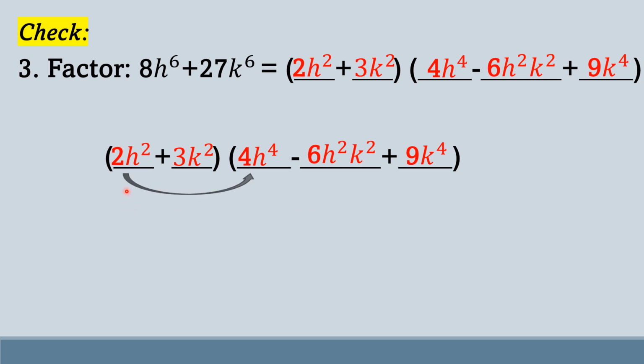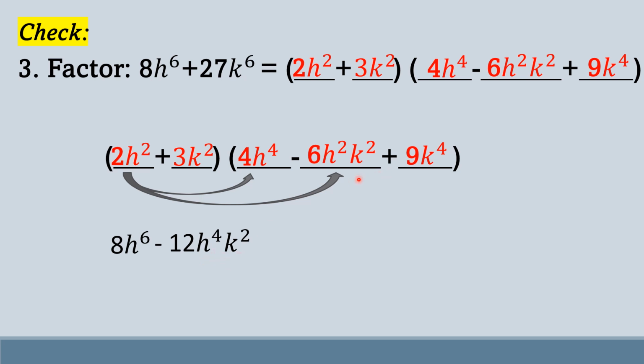So we have 2h squared times 4h to the 4th power. That will give us 8h to the 6th power. Next, 2h squared times negative 6h squared k squared will give us minus 12h to the 4th power k squared.